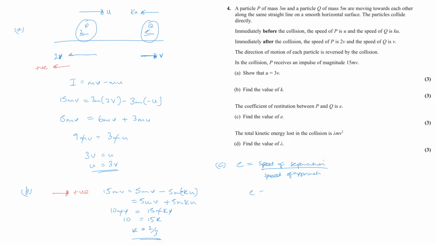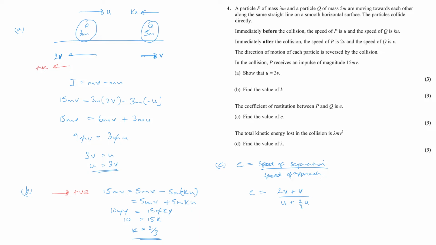So the speed of separation is, they're going in different directions, so it's 2v plus v, and then the speed of approach, they're going in opposite directions towards each other, so we're going to add those, so it's u plus ku, so 2/3 u.